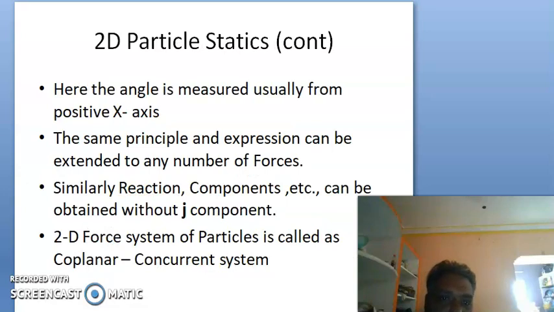Here the angle is measured usually from the positive x-axis.